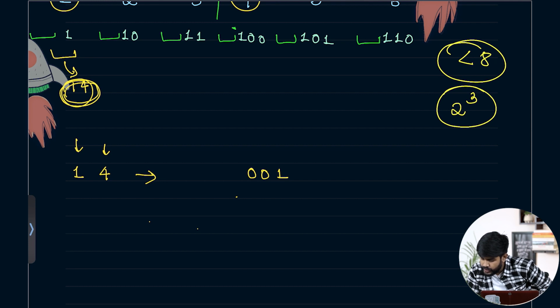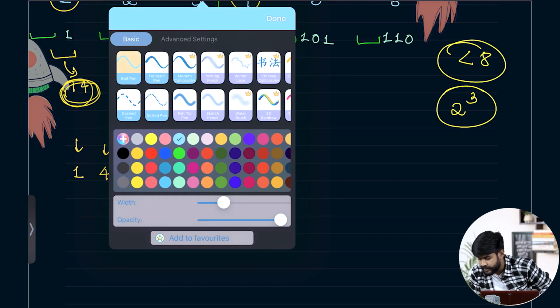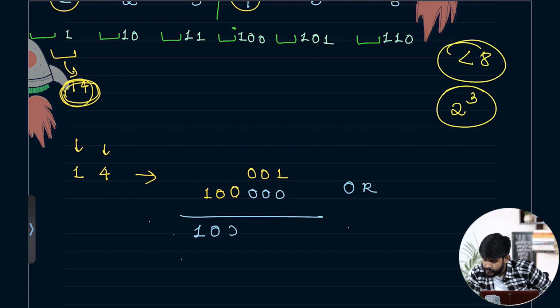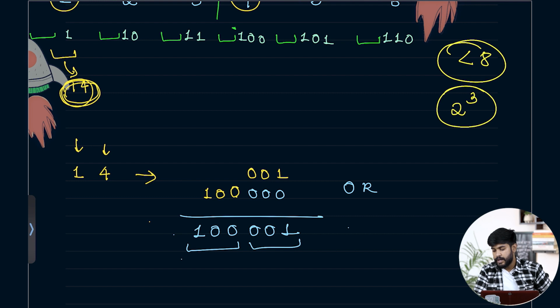So I want the representation to be something like this, and I would add zeros here. Let me use a different color to show you how I am adding the zeros. Now I simply do an OR between them. That would result in something like this: 1, 1, 0, 0, 1. And if you observe, the first three bits are 1 and the last 3 bits are 4.